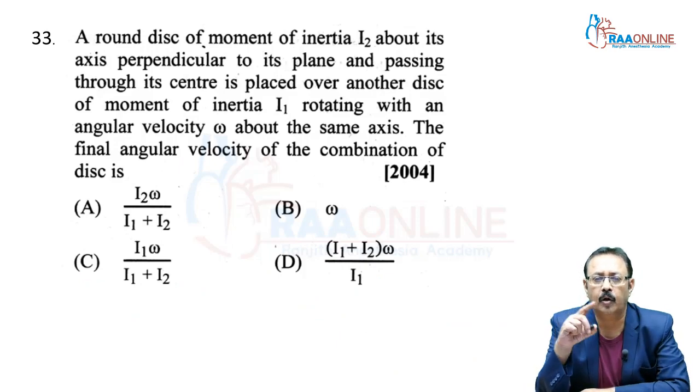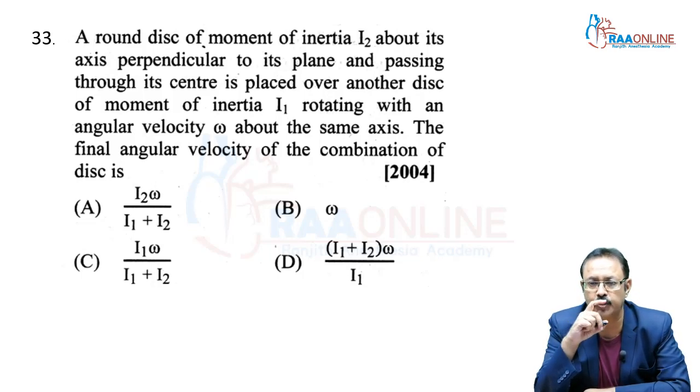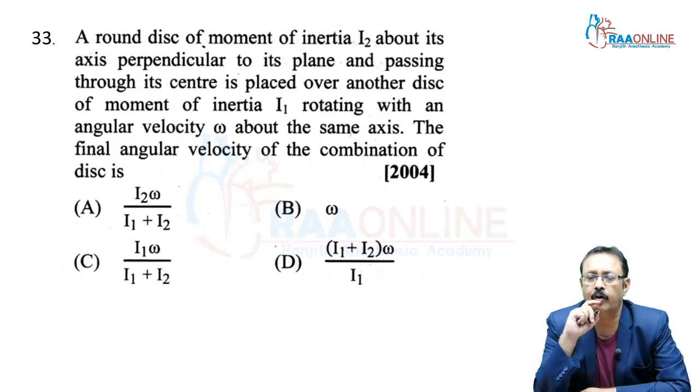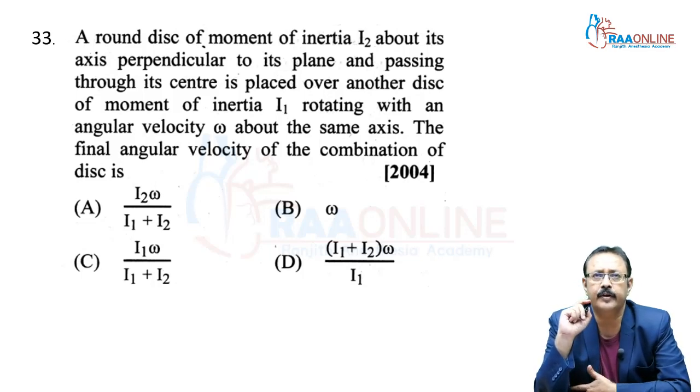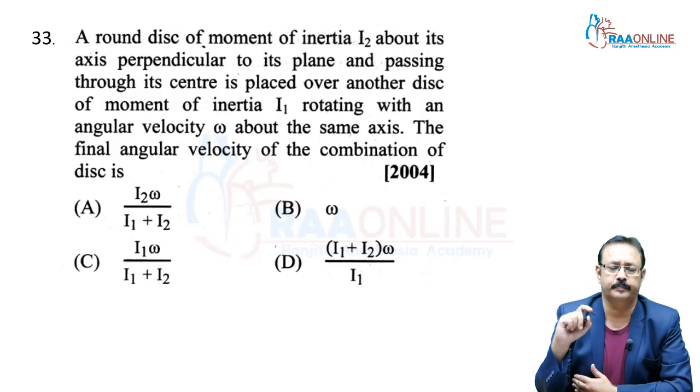33rd. A round disk of moment of inertia I2 about its axis perpendicular to its plane and passing through the center is placed over another disk of moment of inertia I1, rotating with an angular velocity omega with the same axis. The final angular velocity of the combination of the disks is, again we got the same type of problem.